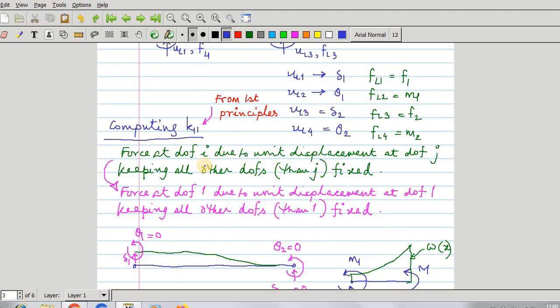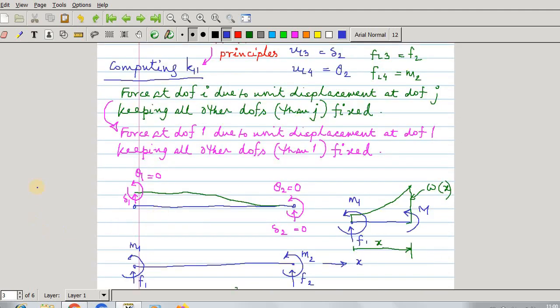So how can we calculate K11? Remember Kij is the force at DOF i due to unit displacement at DOF j, keeping all other DOFs other than j fixed.